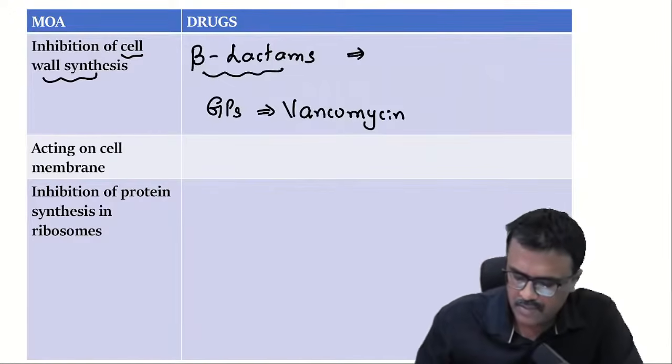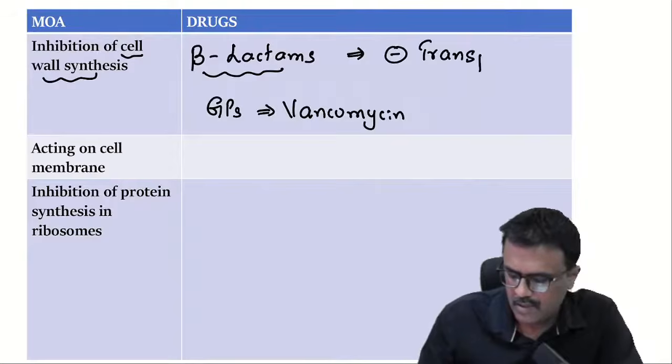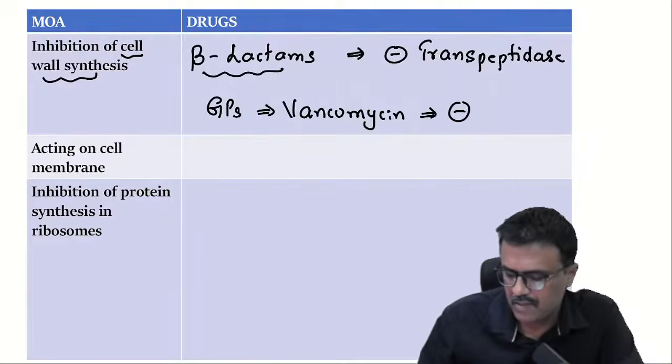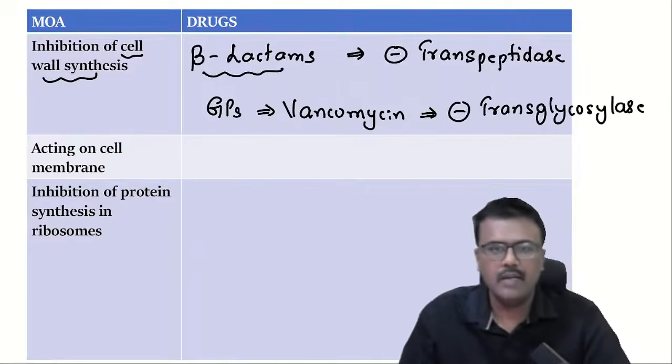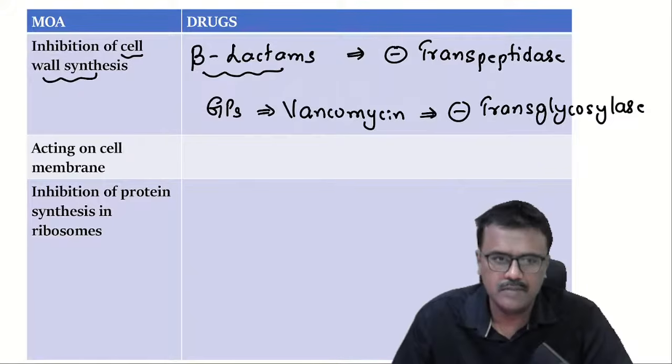Beta-lactams inhibit transpeptidase. Vancomycin inhibits transglycosylase.